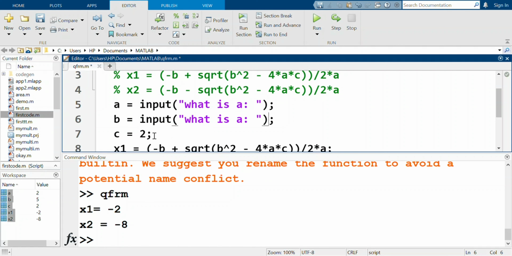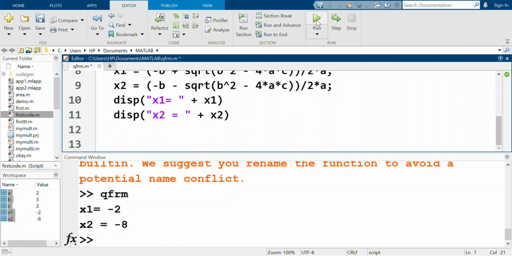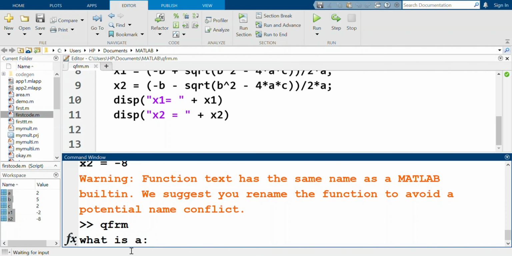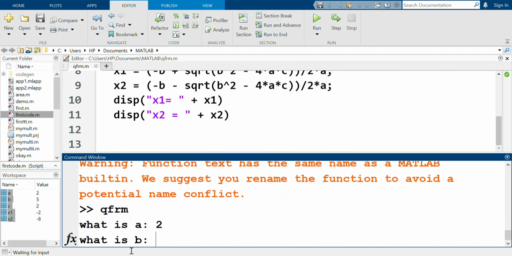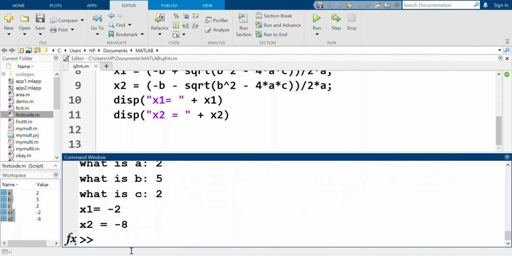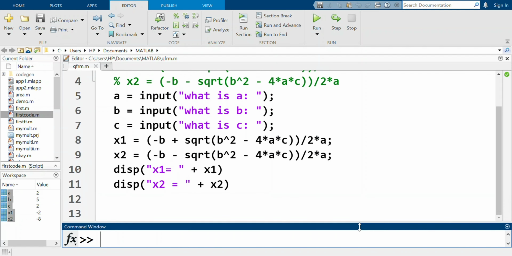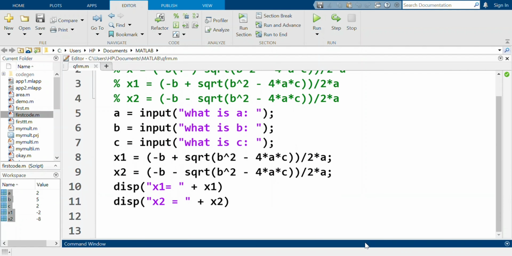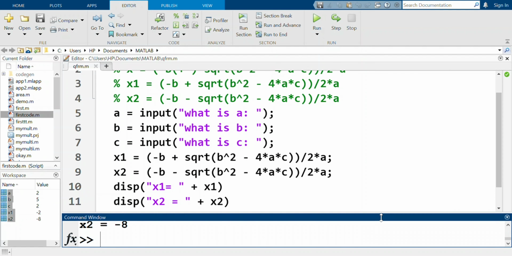Just click like here and here. So here I have what is b, and here I have what is c. And when you click enter, MATLAB will ask the user to enter a. So I have a equals 2, b equals 5, c equals 2. Click it, yeah, x1 equals -2, x2 equals -8. So this is a simple code to learn how to write a code continuously in MATLAB.